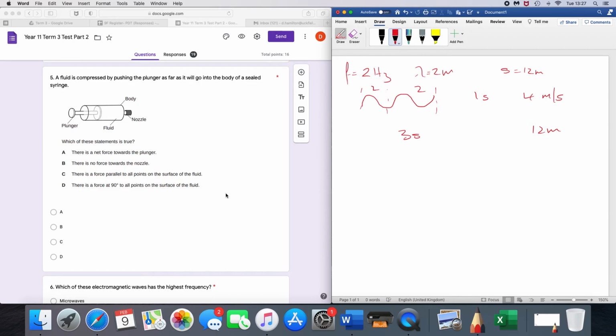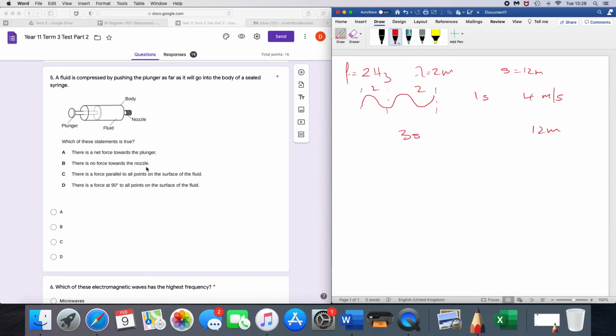Well, this is about fluids being incompressible, or liquids being incompressible, strictly speaking. So, if there was a net force, then the plunger would still be moving. It would be accelerating if there was a net force. So that's not true.